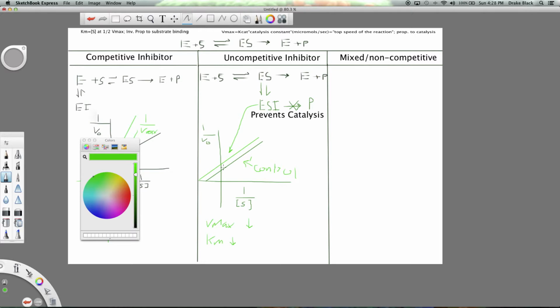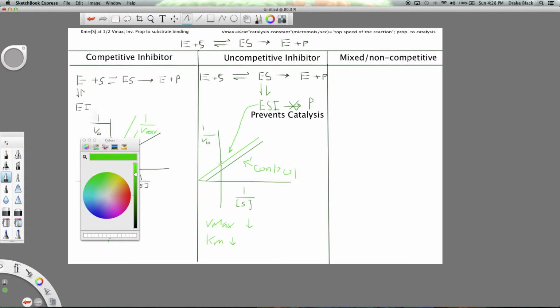So I know it's kind of counterintuitive. If the graph is shifted up, then how are these values going down? Well, this is an inverse graph, so nothing's really negative on this graph. It's just that biochemists don't like unstraight lines. They love the straight lines.